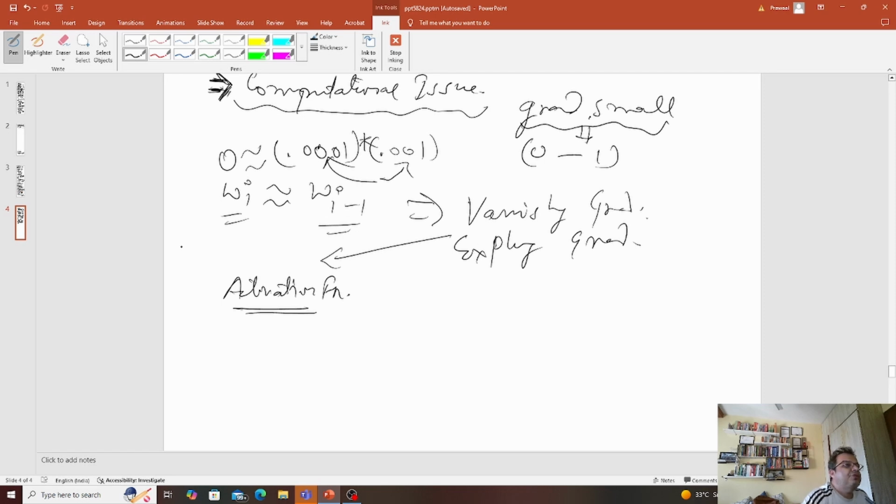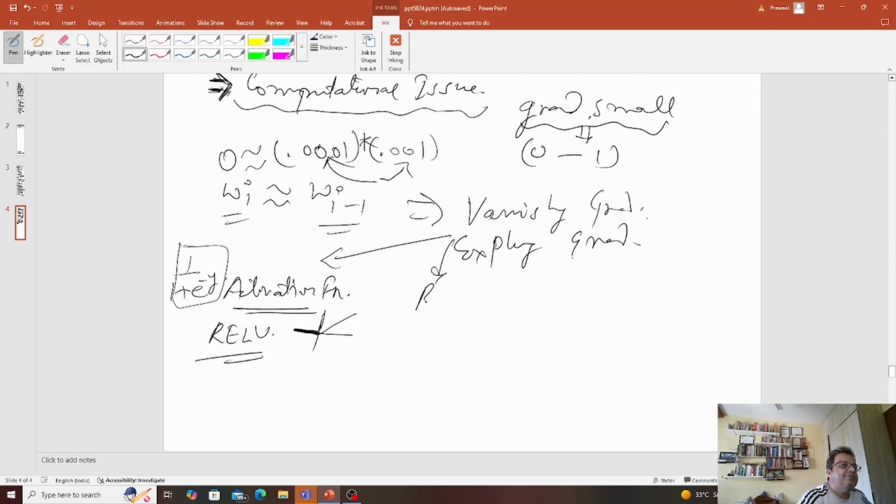We only talk about the activation function 1 plus 1 upon e raised to power minus y, but there are better functions like ReLU and leaky ReLU. These become linear when the input is more than 0, and if it is less than 0 it becomes a straight line. So they are less likely to get into the vanishing gradient problem, and using ReLU or leaky ReLU makes you less likely to fall into the trap of vanishing gradients.